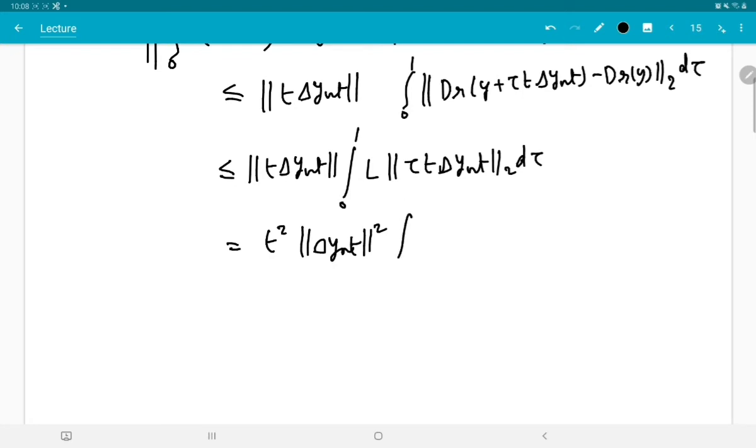and the integral from 0 to 1 of L times tau, so we can move out the L as well. We have a tau square by 2, which is half, so L by 2. So that's all.